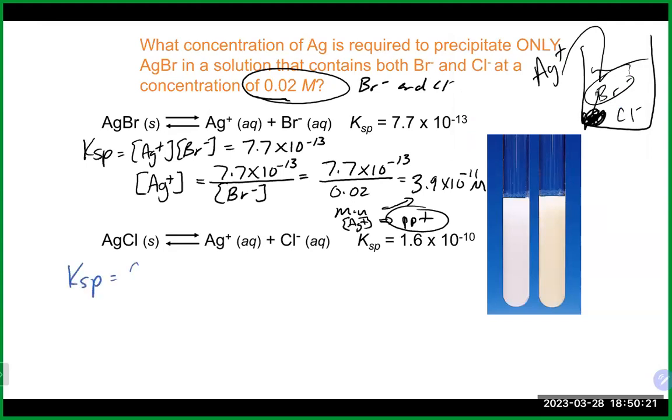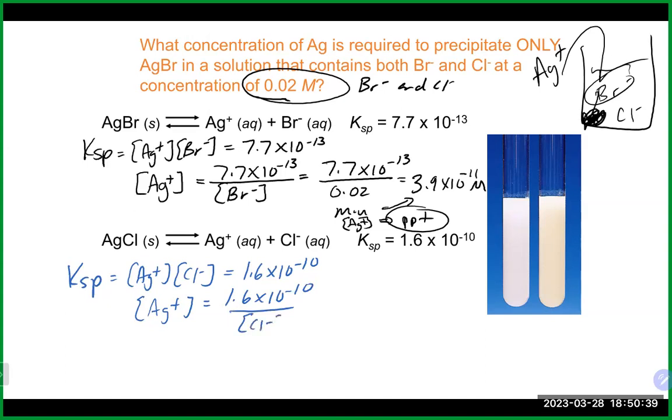Ksp is equal to the silver concentration times the chloride concentration, which is 1.6 times 10 to the minus 10. Again, solving for the silver concentration would give us 1.6 times 10 to the minus 10 divided by the chloride concentration.